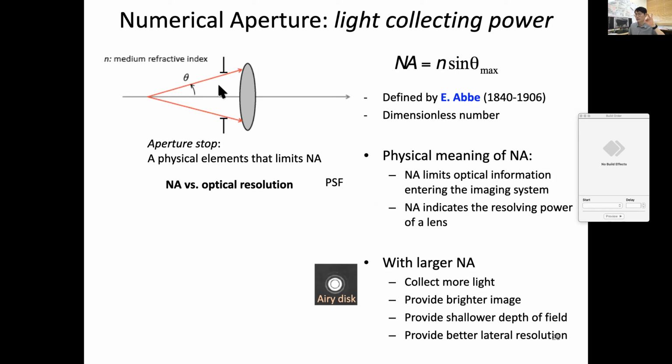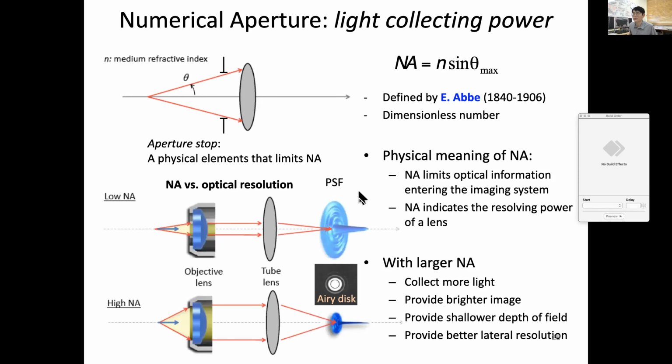So this numerical aperture is really about the optical information content which passes through your system. At the same time, the bigger this angle, the more information of diffraction, and you have higher resolving power or resolution. So in fact, I want to show how a point will form an image on your image space.